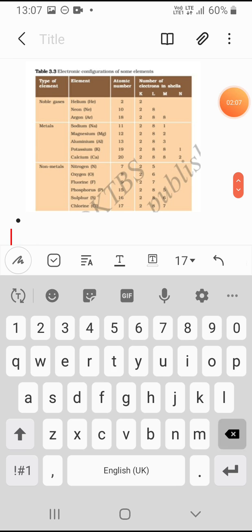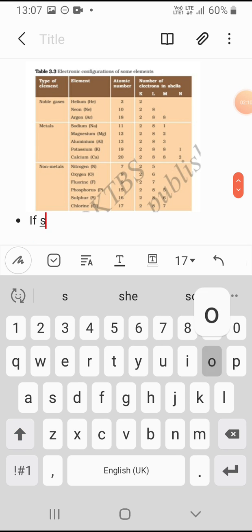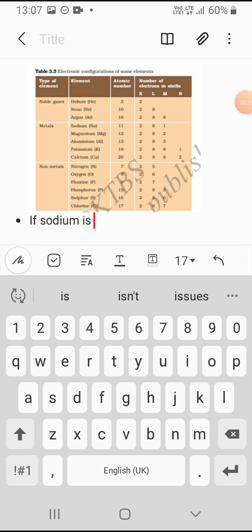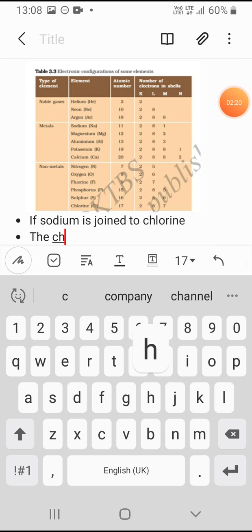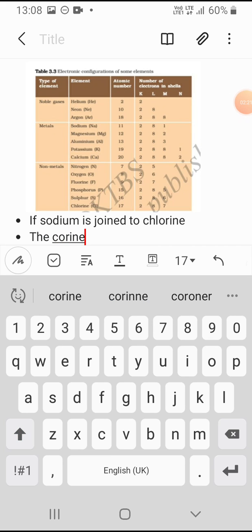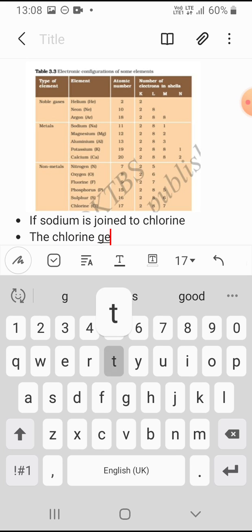Sodium has chlorine. If sodium is joined to chlorine, what happens is that chlorine gets a negative charge.